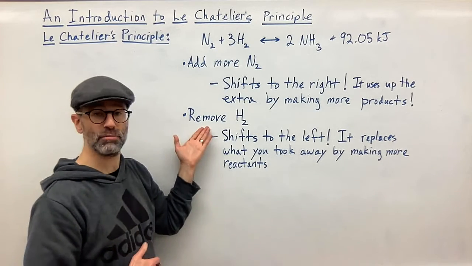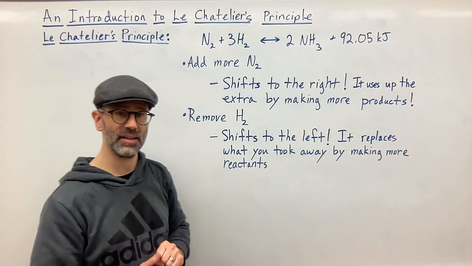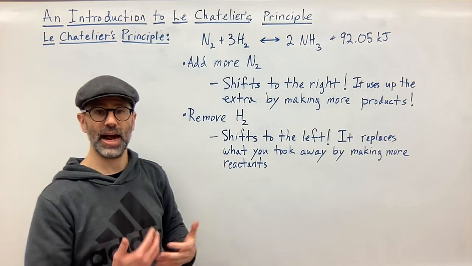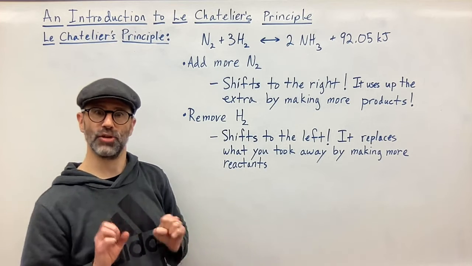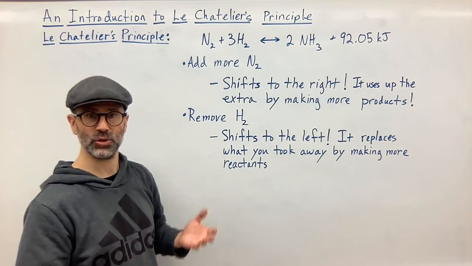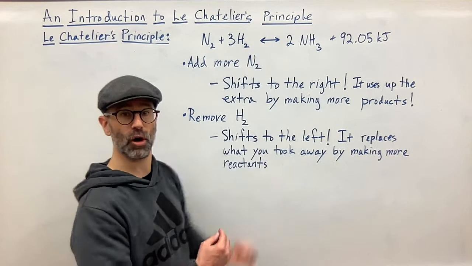What happens if I remove hydrogen, right? So I remove the hydrogen instead of adding. In that case, the reaction is going to undo that. So if I remove something, the reaction is going to try to replenish some of that. Which way is it going to go? It's going to go this way to create more hydrogen.